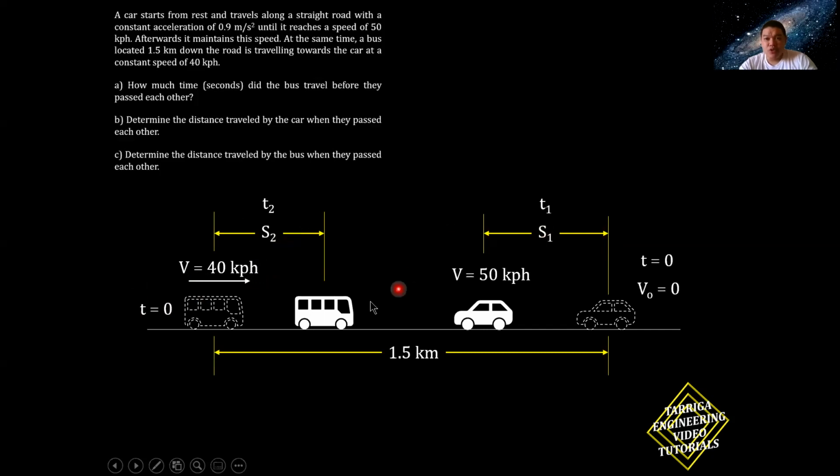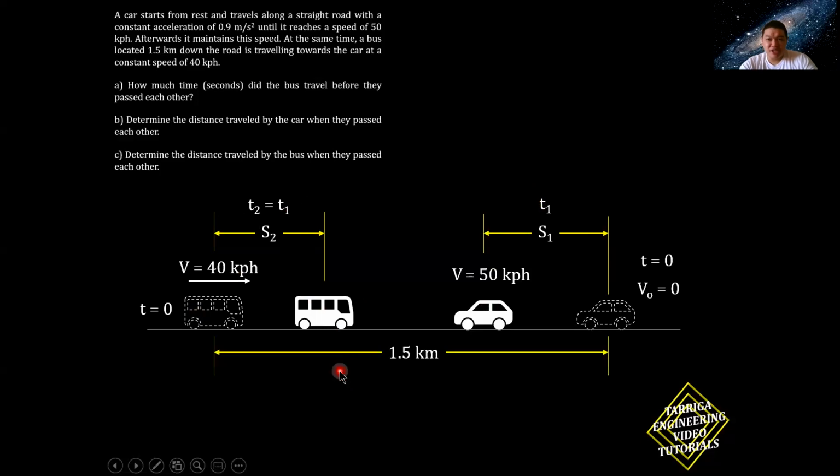Okay. So in order to simplify our calculation for our equations later, let's say it this way. The car and the bus traveled at the same time, right? So by the time the car reaches this point at T1, that would be the time the bus also reaches this point at T2. So let's say T2 is equal to T1.